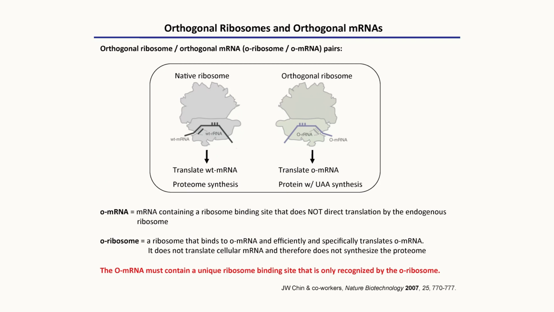Then this orthogonal ribosome needs to be engineered such that it specifically binds to the orthogonal mRNA and doesn't bind to the wild type mRNAs. So there's no translation of the cellular message, because this ribosome binding site and orthogonal ribosome are a match, so a unique binding site.